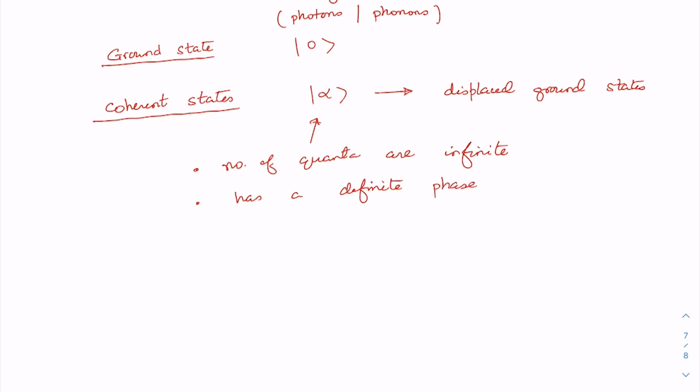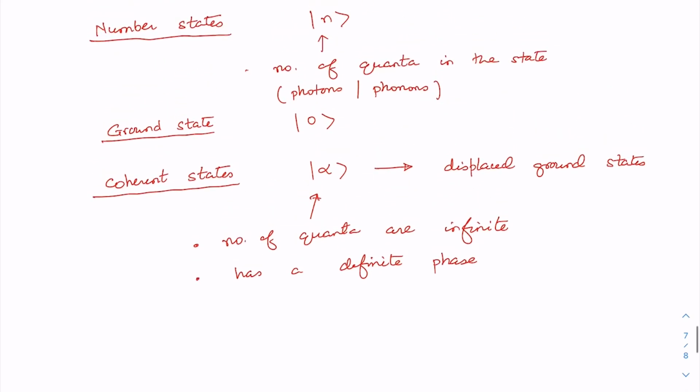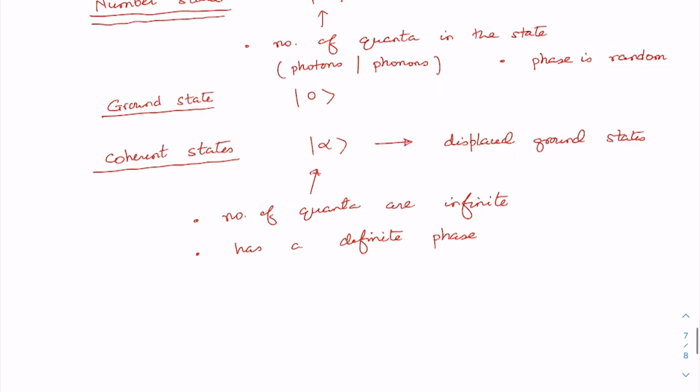On the other hand, in the case of number states, the phase is random, because you know the number of quanta precisely, so there is an uncertainty in phase, and the uncertainty in the number of quanta is 0 in the case of number states, and this is also the reason why generally it is very difficult to generate number states experimentally.